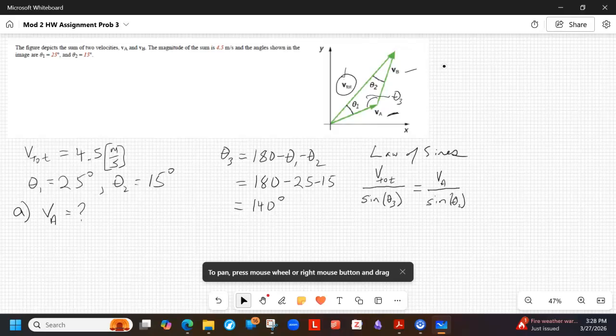Since we know V total, theta 3, and theta 2, we can find a formula for the magnitude of V sub A. V sub A is going to be equal to V total times the sine of theta 2 over sine theta 3.